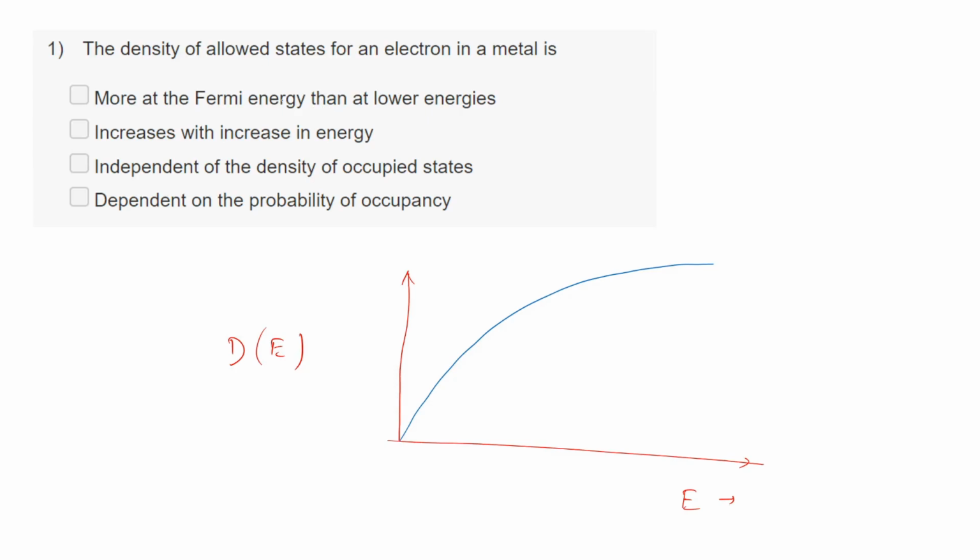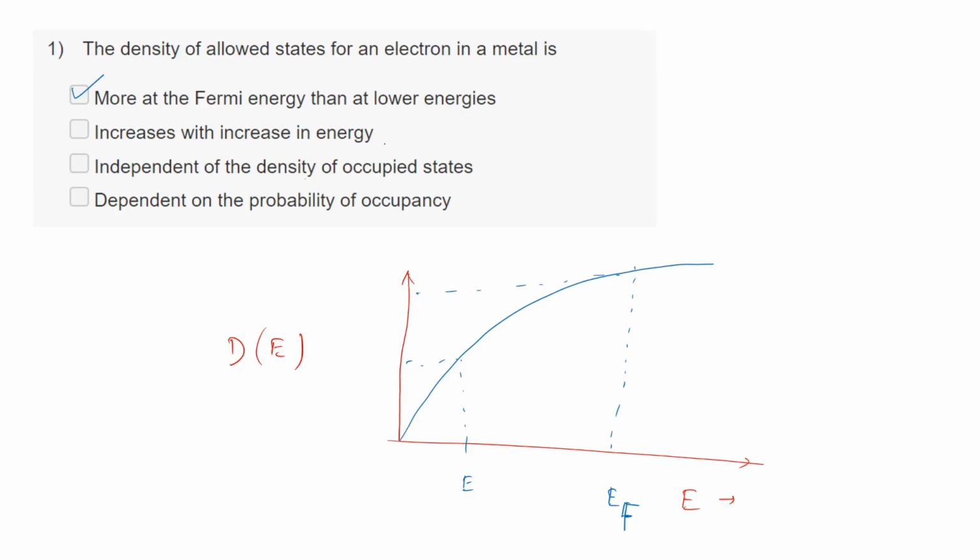Now the Fermi energy would be somewhere here, E_F. The density of allowed states for an electron in a metal is more at the Fermi energy than at lower energies. Okay, so this statement is correct.